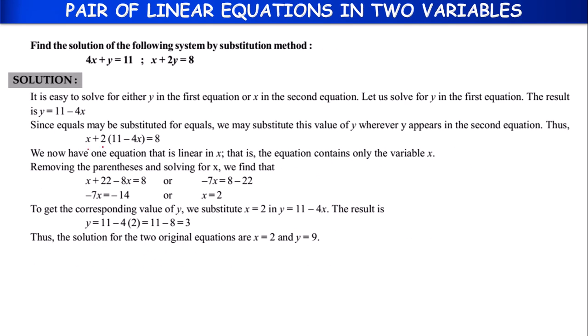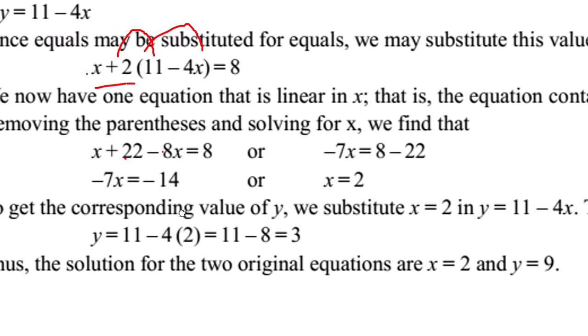So if we multiply, x plus 2 into 11 is 22, 2 into 4x is 8x, so x plus 22 minus 8x equals 8.